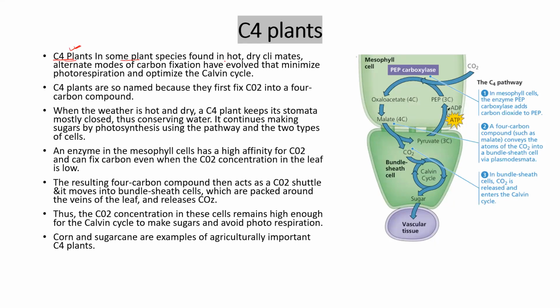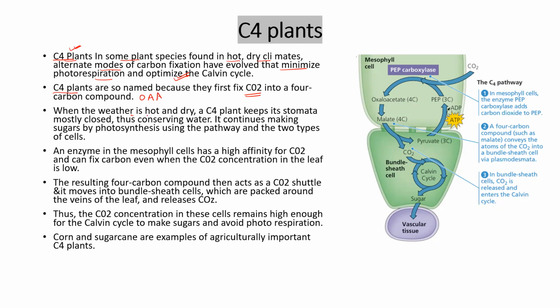In some plants which are found in hot and dry climates, we find they are showing an alternate mode of carbon fixation so as to minimize photorespiration and to optimize the Calvin cycle. They are called C4 plants. Why? Because the first fixation product is a 4-carbon compound, that is oxaloacetic acid.